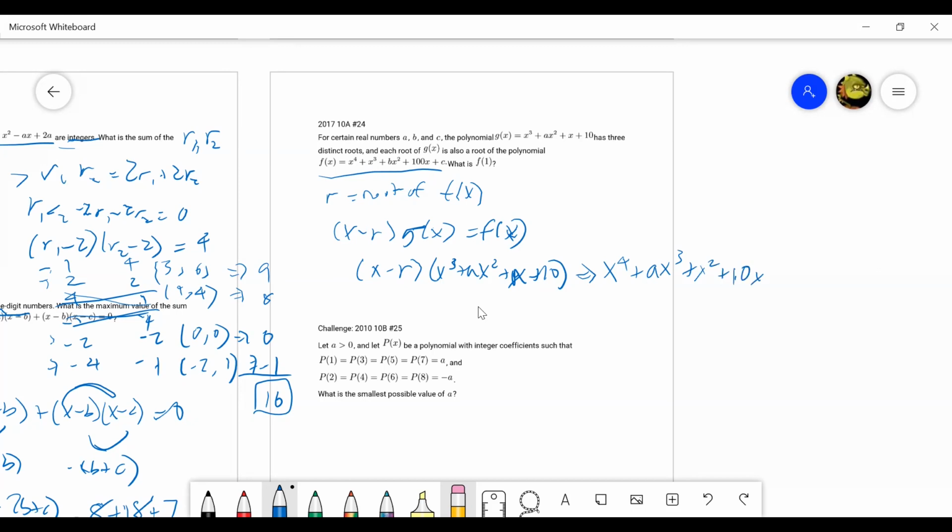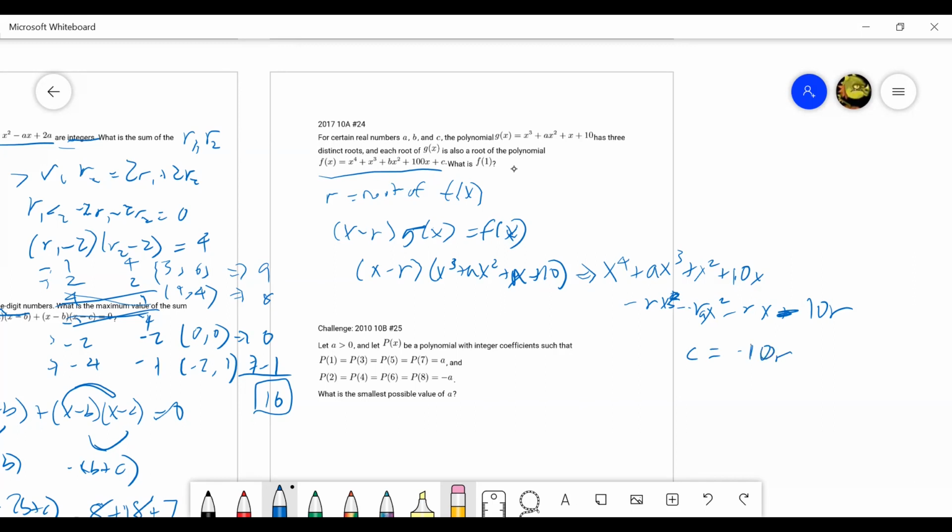From the negative r part, this is minus r x cubed, minus r a x squared, minus r b x, and minus 10r. And we know that this has to equal f of x, so all the coefficients have to be the same. That means c equals negative 10r.